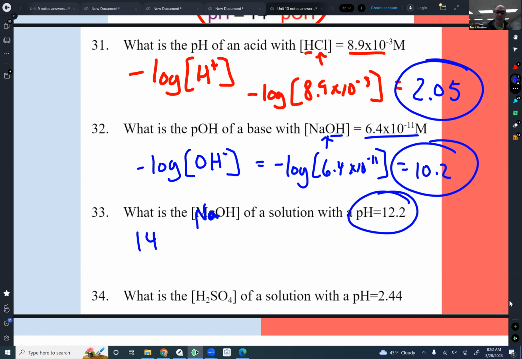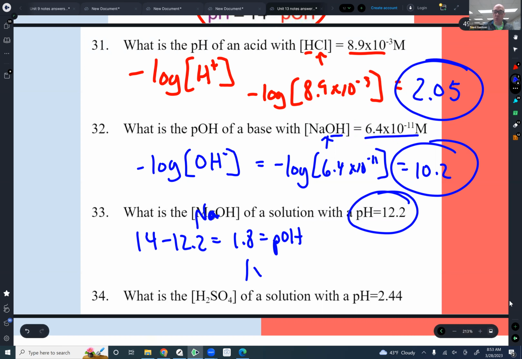So we're going to subtract 14 from the value that they give us, and that makes it 1.8 on the pOH. Then we're going to do the inverse log. If you notice on your calculator, the inverse log is 1 times 10 to the negative pOH. So what we're going to do is 1 times 10 to the negative 1.8. So put that into your calculator.